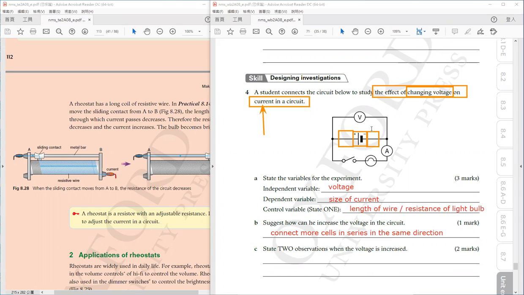That means we have to connect positive at the left-hand side, negative at the right-hand side, then positive again on the left, negative on the right. Positive, left, negative, right.